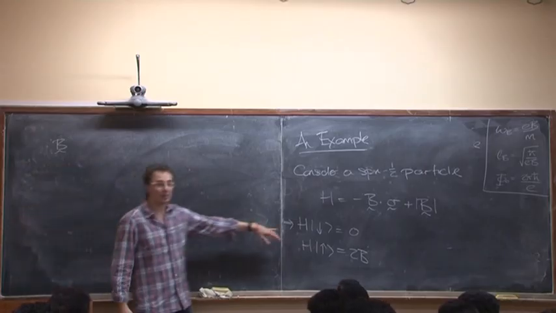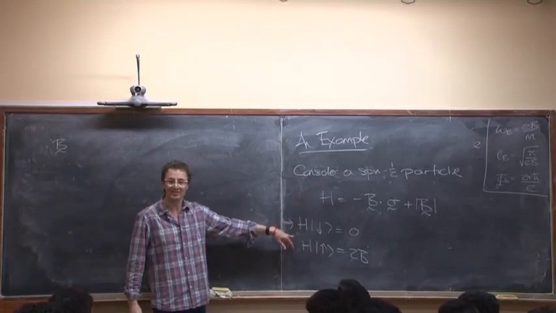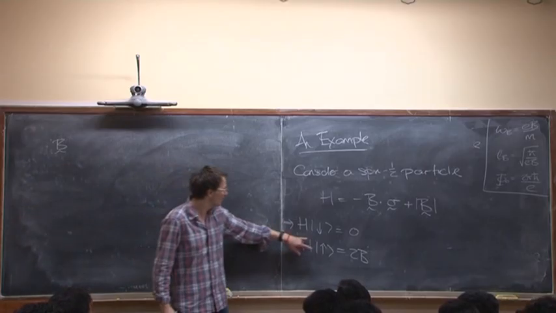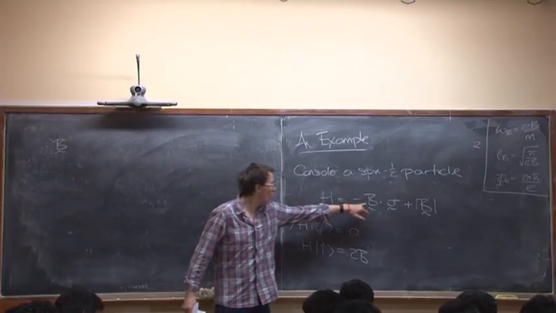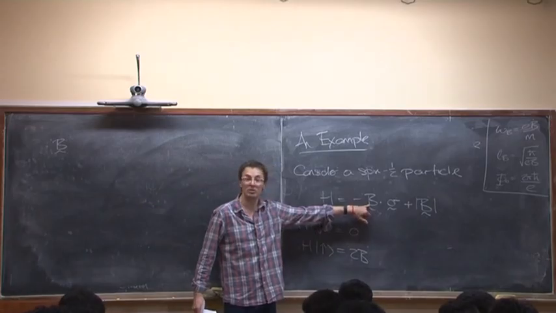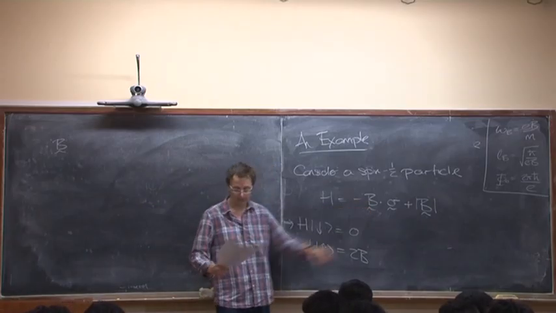Okay, by the way, if you haven't done this calculation, it's well worth doing. It's very informative. So what do we want to do? We want to compute the Berry connection over the space of parameters, where the parameters are themselves the magnetic field.